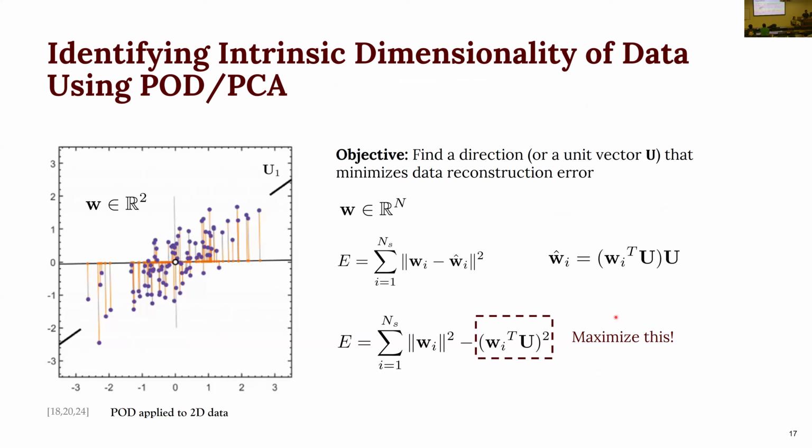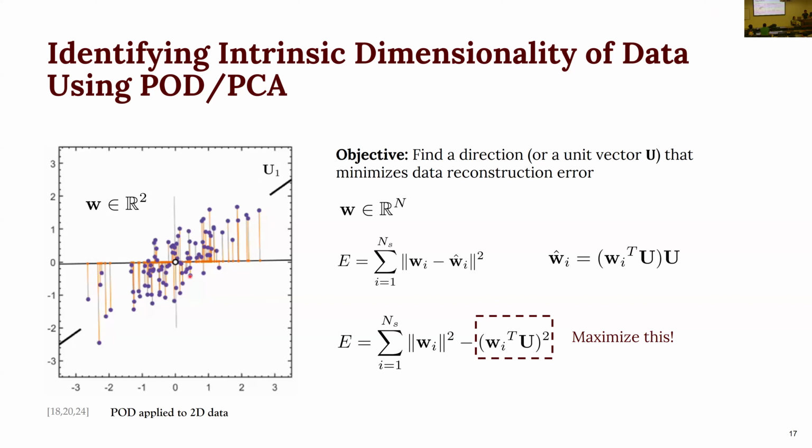So here, given an ensemble of data, what are we looking for? We want to determine a basis set of orthogonal vectors which span this data optimally in the L2 sense.